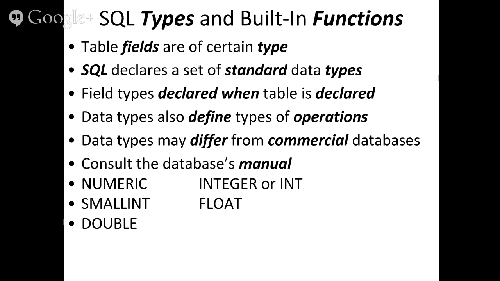Some of them have direct mappings to data types that we're familiar with in programming languages. Some data types here are very specific to the format of the vendor. So some of them are very standard across all databases. Some of them are very specific to that particular vendor, which makes it harder to perhaps migrate from one database to the next.